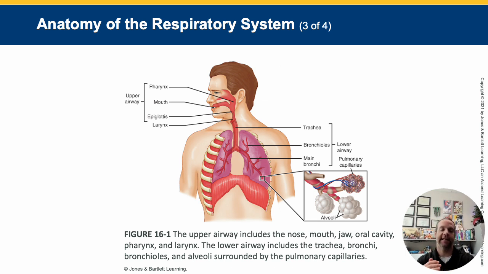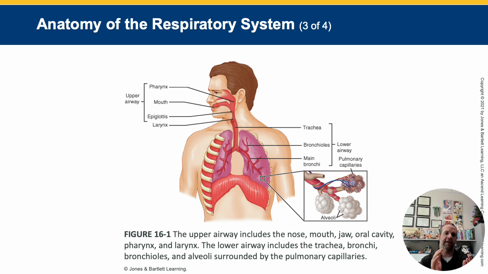Okay, this begins at the level of the trachea. The trachea itself is a rigid cartilaginous tube that bifurcates into the left and the right bronchi. So these bronchi continue to branch into smaller bronchioles and finally into a cluster of alveoli.